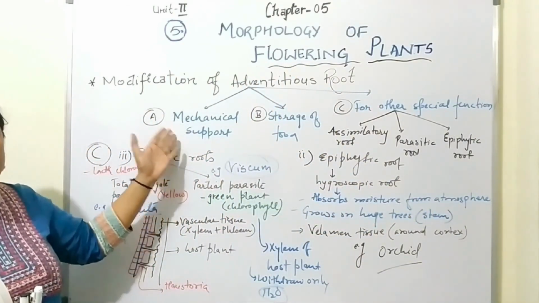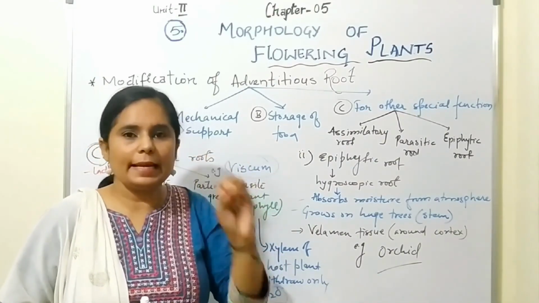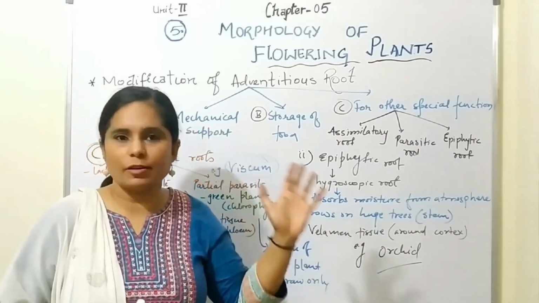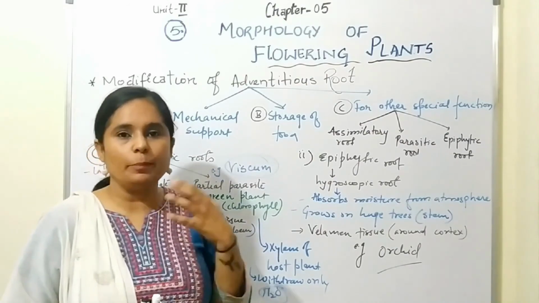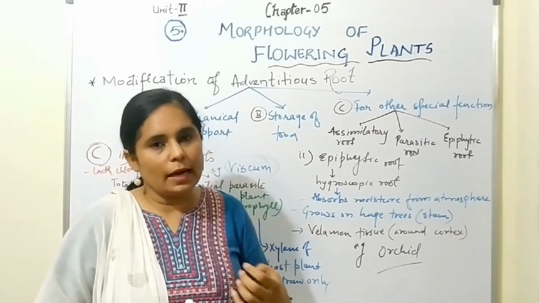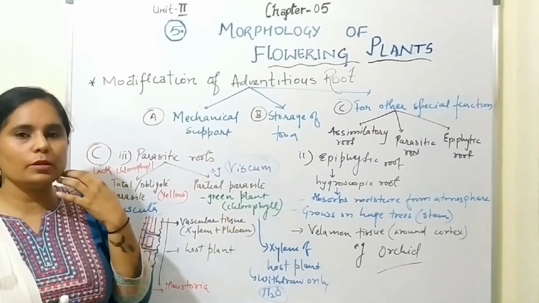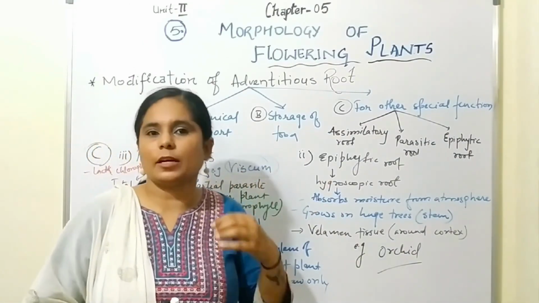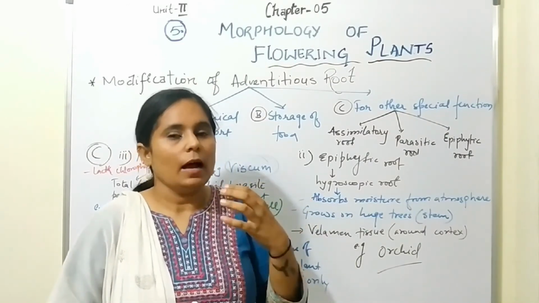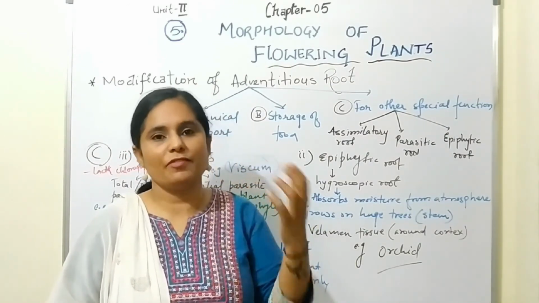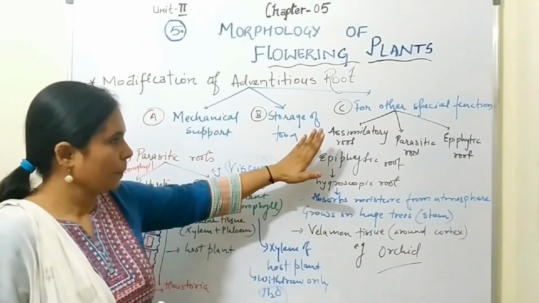In mechanical support, I have told you, you will find different kinds of structure in monocot and dicot plants: prop root, stilt root, buttressing root, and climbing or clinging root. In case of storage of food, you will see these structures in dahlia root, sweet potato, and momordica, and these are the tuberous roots, fasciculated roots or moniliform roots.